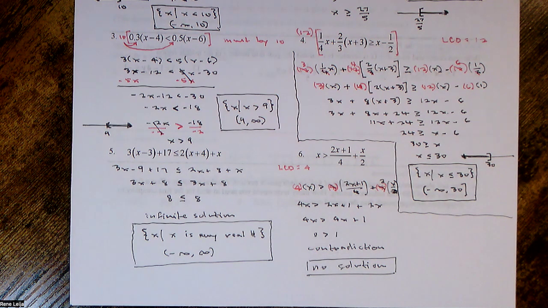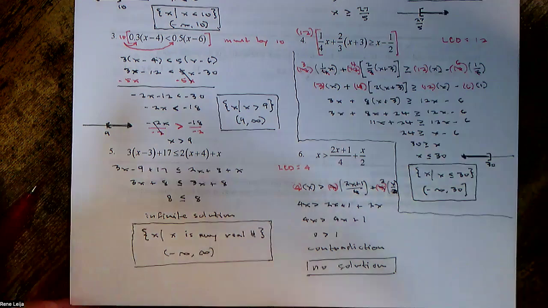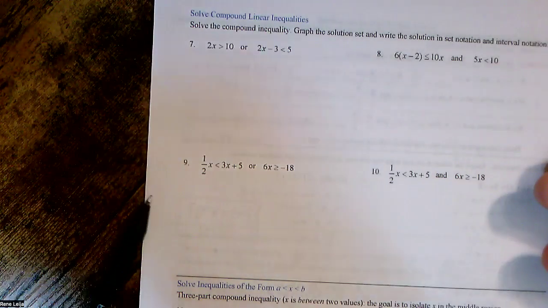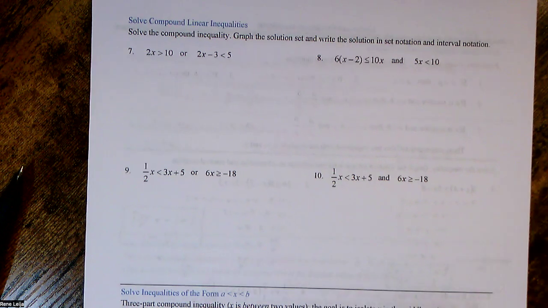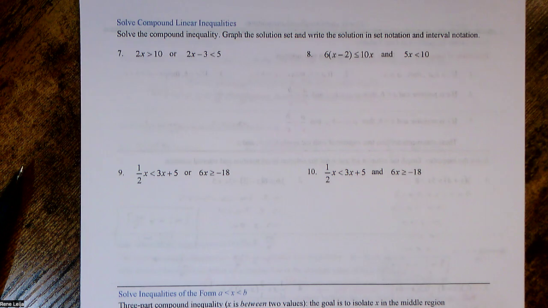Okay? All right. Now, let's look at the next part. So the second page. And this is where we have, so we just solved linear inequalities. Now we're going to look at compound inequalities. Okay, so what we're going to do is we're going to solve these inequalities, and then we're going to combine them according to whatever they tell us, if it's an and or an or.